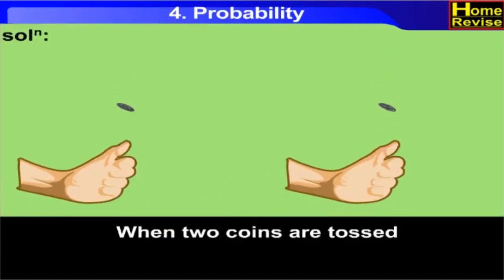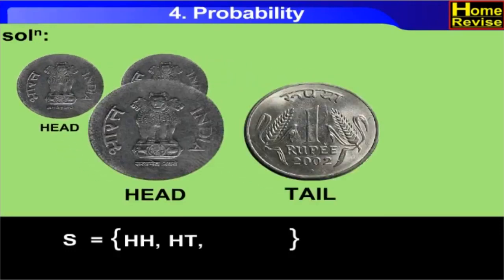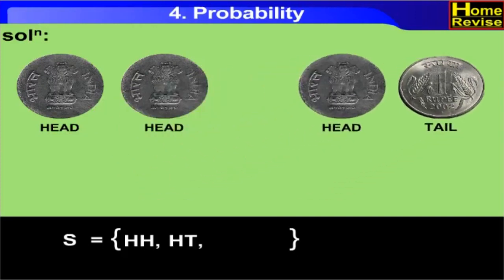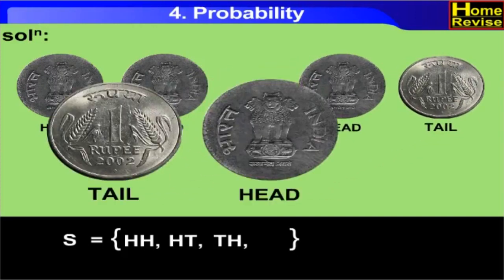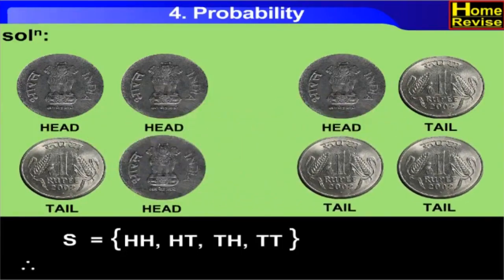When two coins are tossed, the sample space S is equal to, in curly brackets, HH, HT, TH, TT. Therefore, n of S is equal to 4.